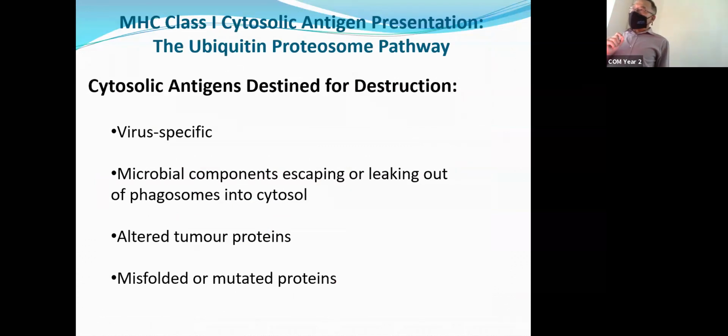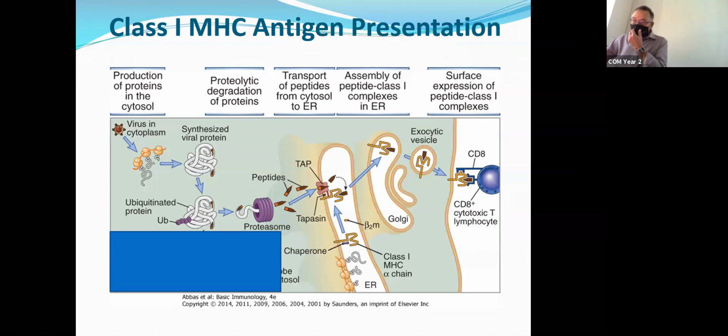For class 1 presentation, these are antigens which are made inside a cell, like virus-infected proteins, like bacterial cells which might survive and replicate inside a macrophage or a dendritic cell, or like normal cell peptides which are broken down, right? So let's say it's a virus-infected cell.